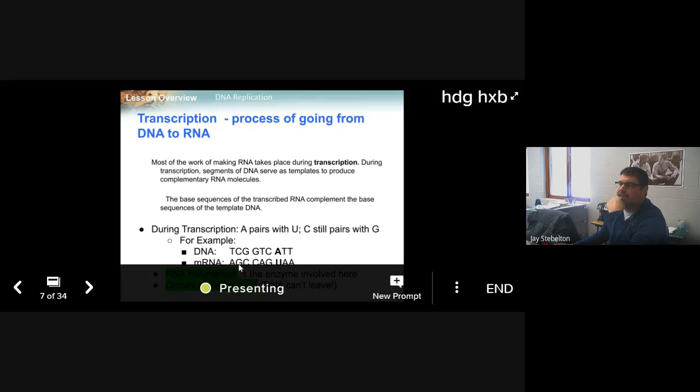A pairs with T, G pairs with C, C pairs with G. The second three-letter codon is GTC, where C pairs with G, A pairs with T, and G pairs with C. And then the third three-letter codon is ATT. But now, notice that RNA cannot have any T's in it because all of the A's are paired with U's now. So again, RNA cannot have any T's in it, and DNA cannot have any U's in it.